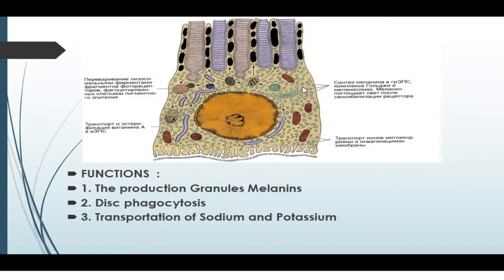These are the functions of the pigment epithelium: phagocytosis of the discs, and transportation of sodium and potassium ions, especially at the moment of phagocytosis of the disc plates of the outermost segments of rods and cones.